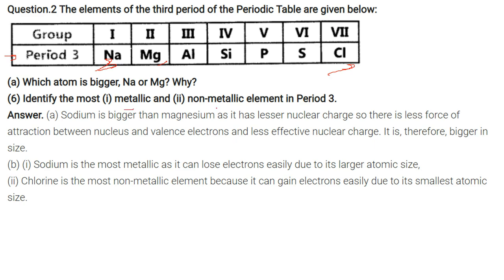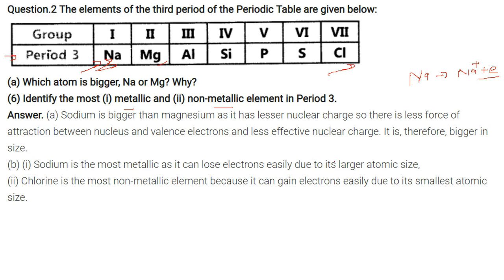Identify the most metallic and non-metallic in this period. Sodium is the most metallic because it loses one electron. It can easily lose one electron due to its larger atomic size; the electrons are somewhat farther from the nucleus, so the attraction force is less as compared to others.